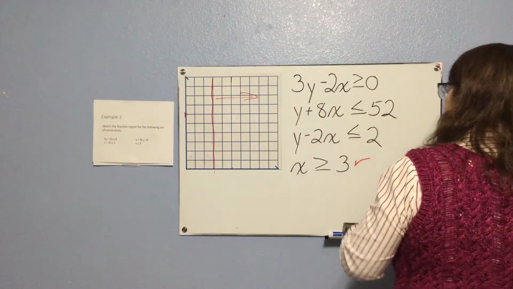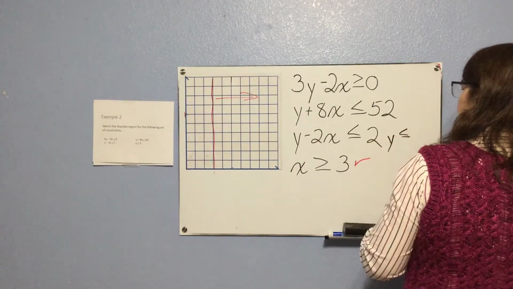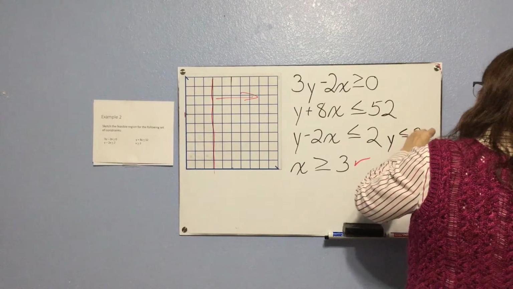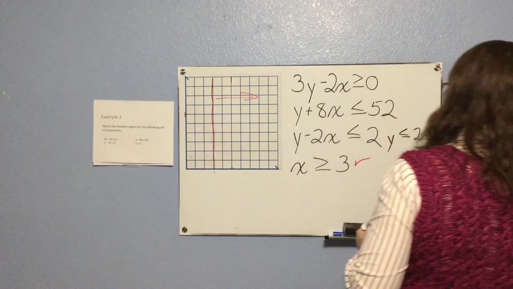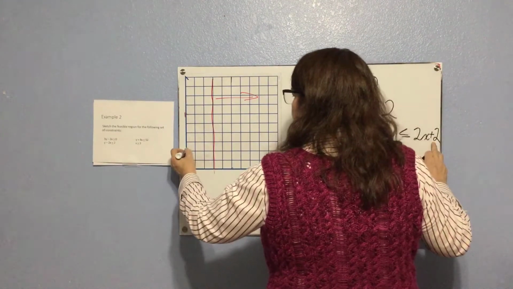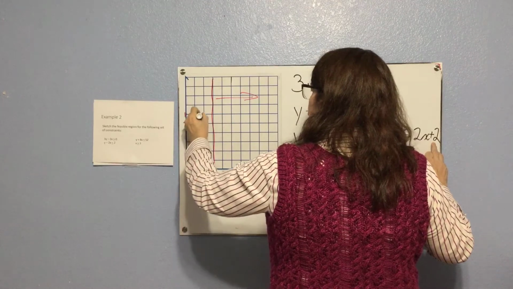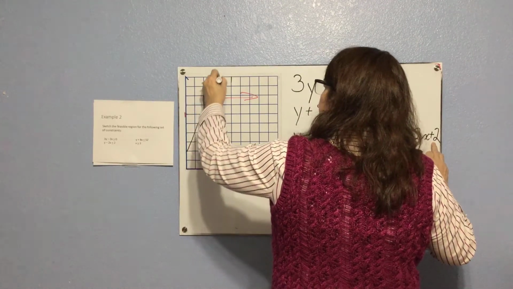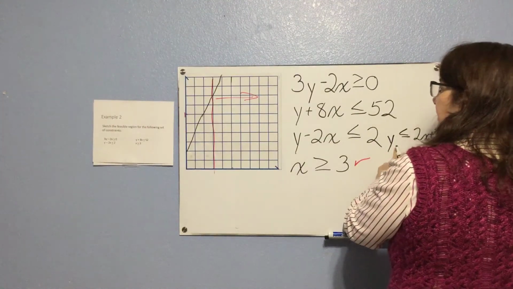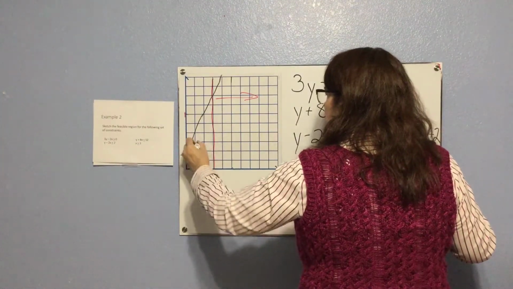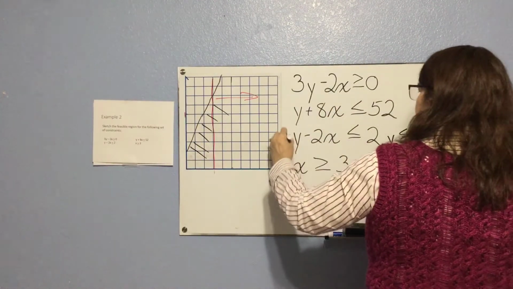I'm going to move the 2x over to the other side, so I've got y less than or equal to 2x plus 2. So I know that that's got a y-intercept at 2 and a slope of 2. So it's going to come up like this, and we have the y less than that, so that's going to be down this way. And that one's done.